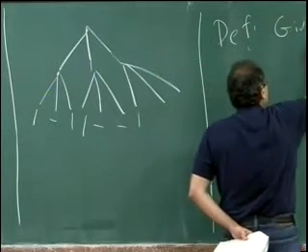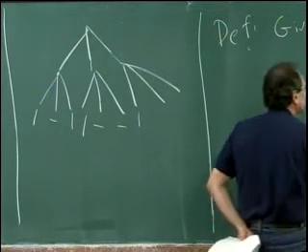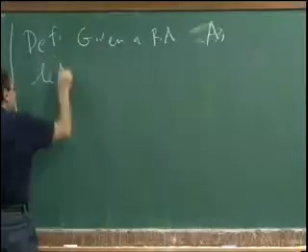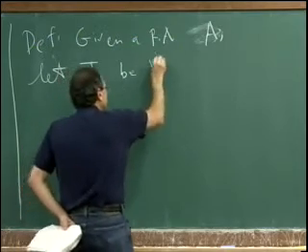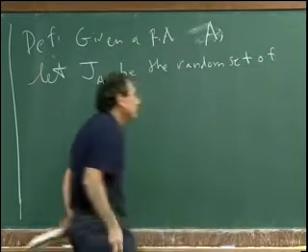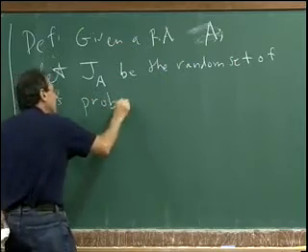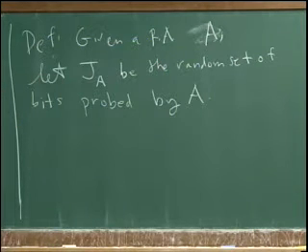So given a randomized algorithm A, we let J sub A be the random set of bits probed by the algorithm A. Typically you won't need to ask all the questions.